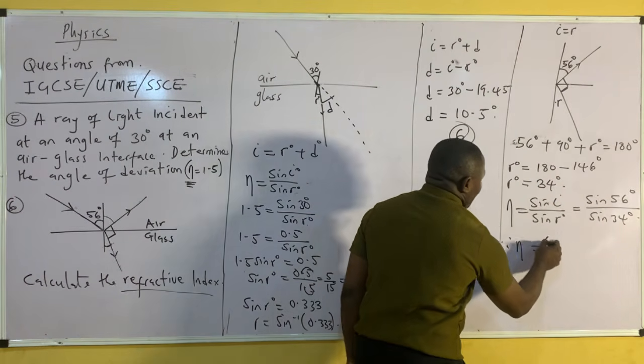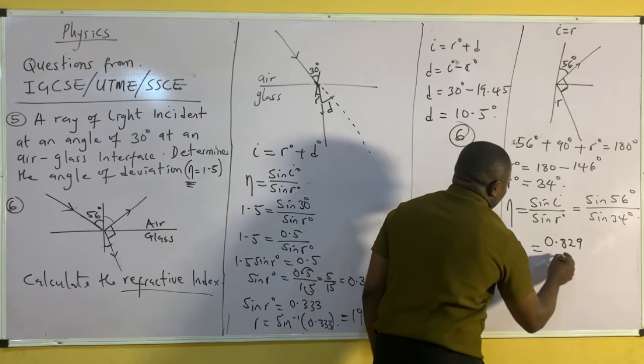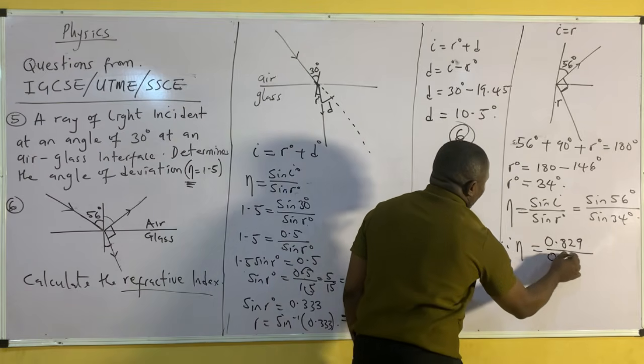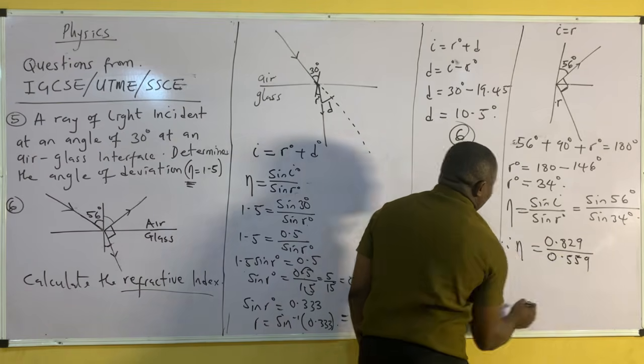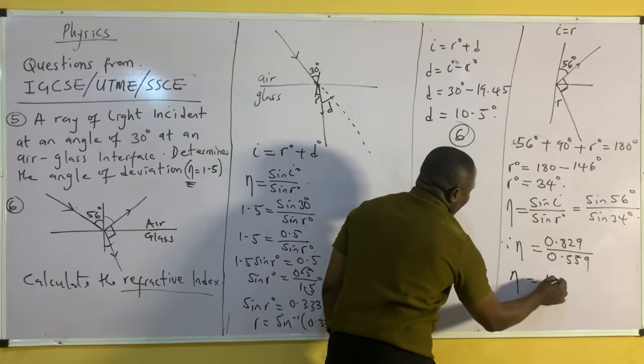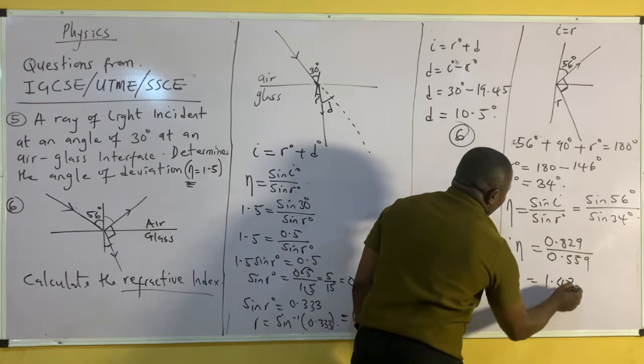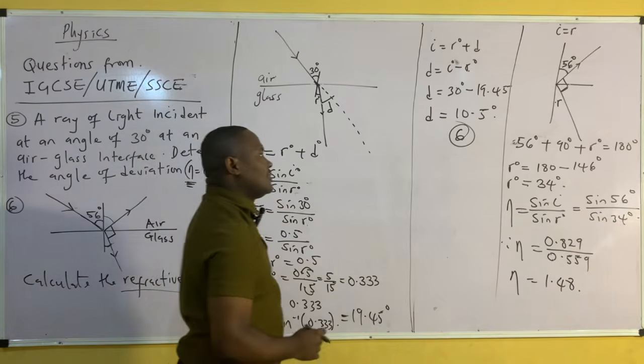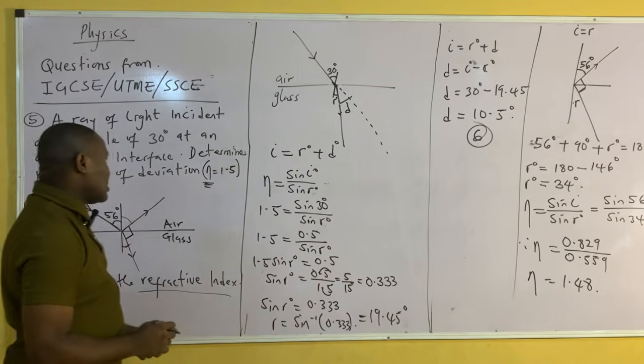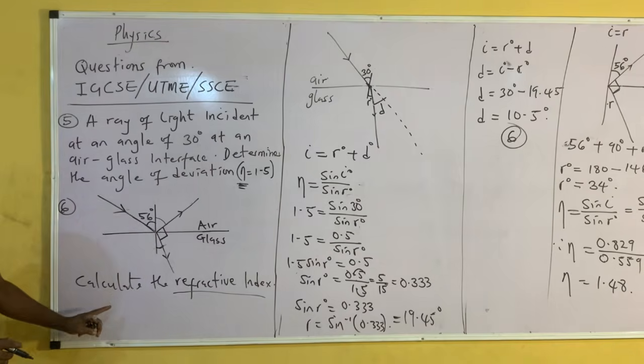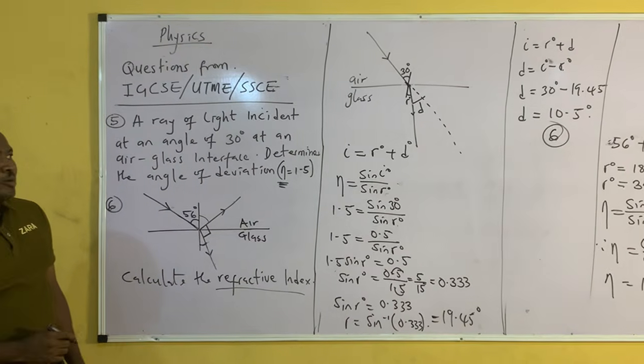Therefore, refractive index is 0.829 over 0.559. So refractive index is now equal to 1.48. So the refractive index that we were asked to calculate in this question is equal to 1.48.